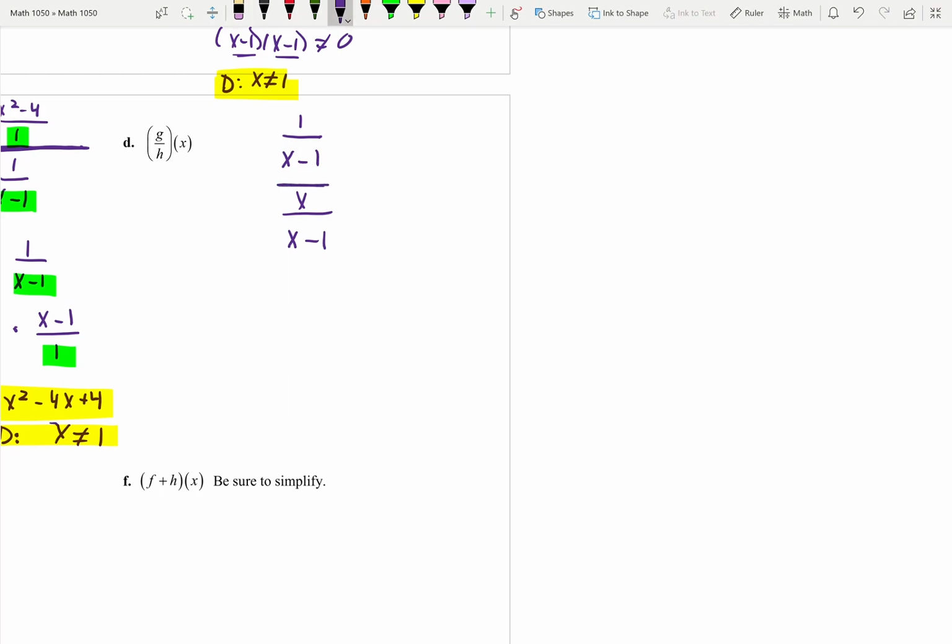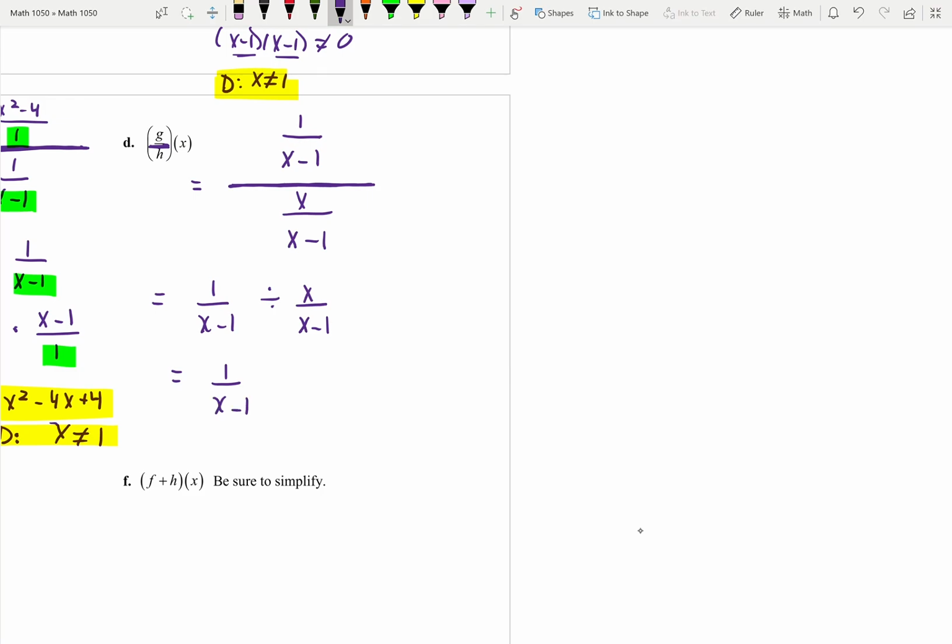So then they start getting like super confused, like what's divided by what. So this original fraction bar is here, and I want you to make it longer because that's the guy we're going to turn into the division symbol. Okay, so now we're going to write this as 1 over x minus 1 divided by x over x minus 1. Now I'm going to flip the second one upside down.